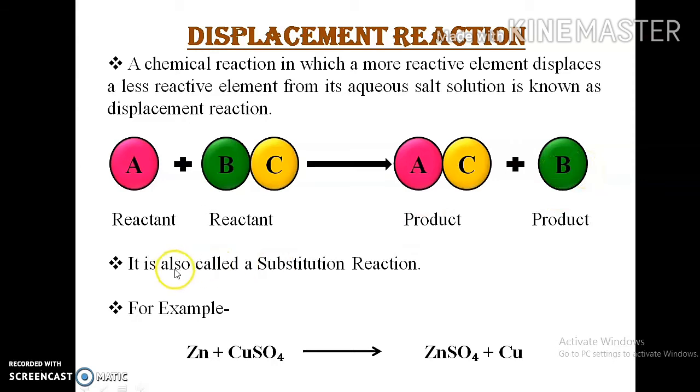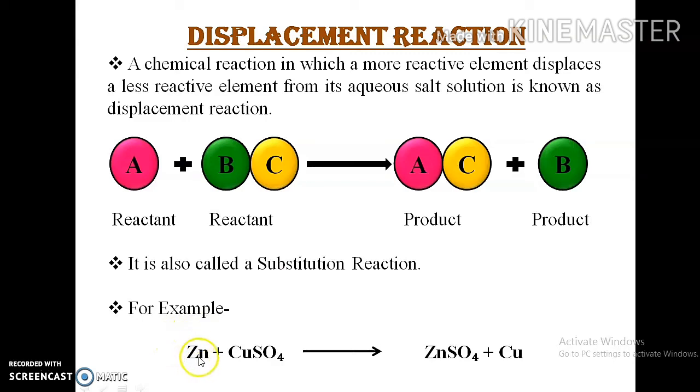It is also known as a substitution reaction, because here A has substituted B. A is substituted in place of B. So it is known as a substitution reaction.